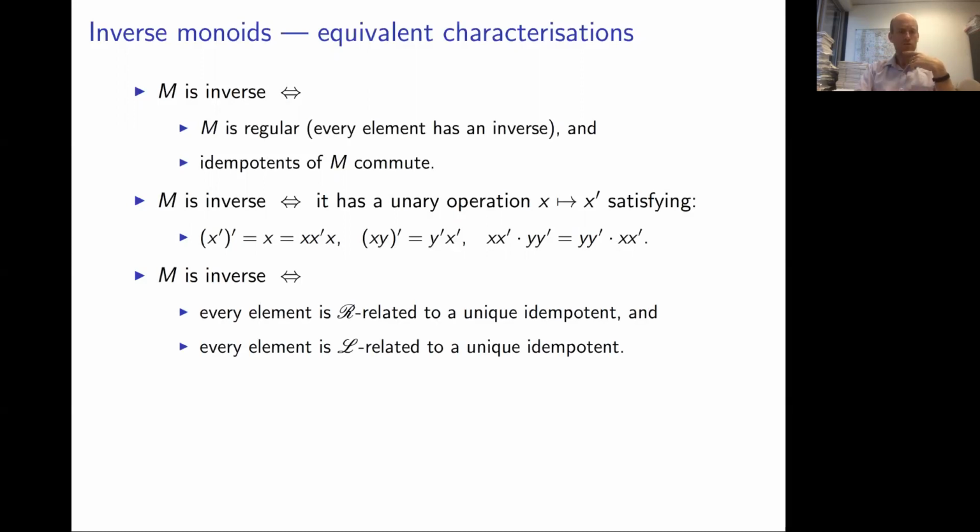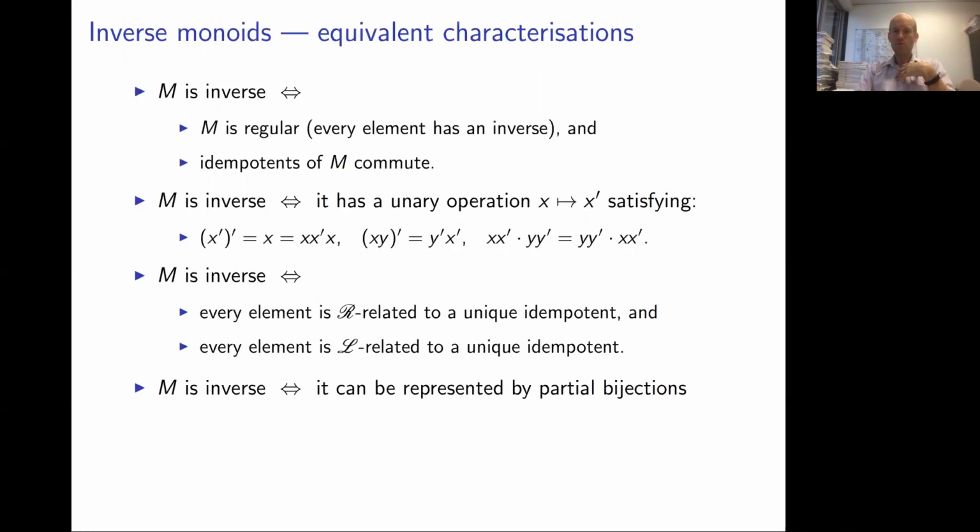You can describe inverse monoids as monoids having certain properties concerning Green's relations, which I'll talk a little bit about later on, so I'll just gloss over these for now. And you can think of these more concretely, just like we can think of groups as permutation groups.